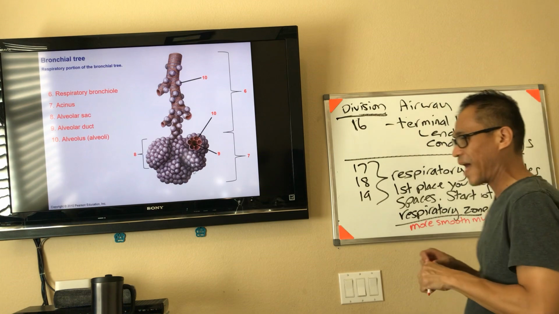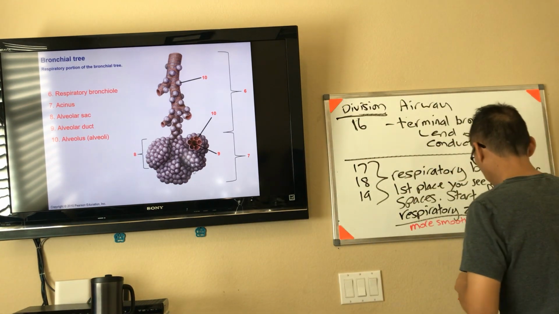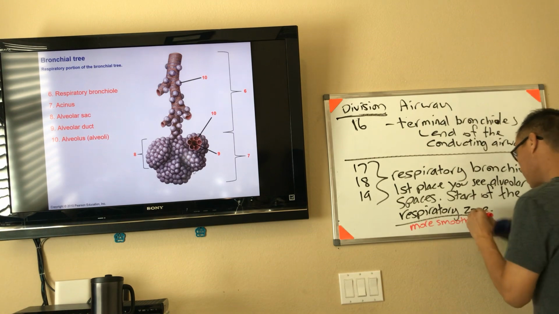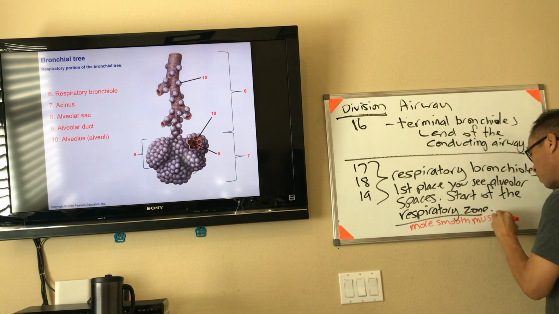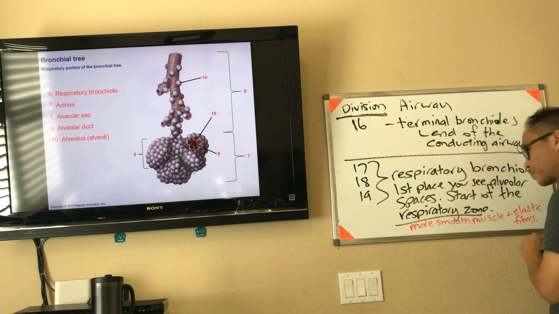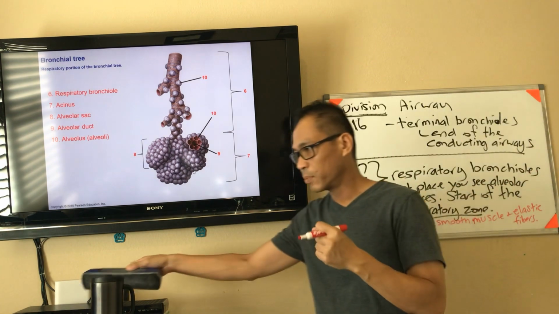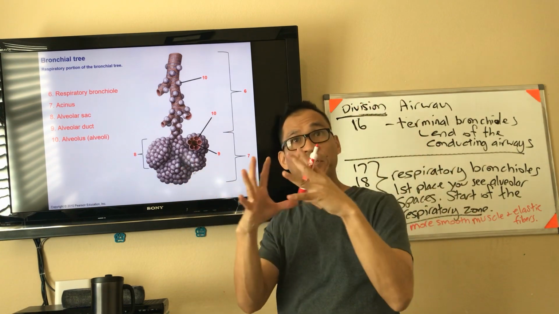And more elastic tissue, because your lungs are like an inflatable balloon. Elastic fibers. It's like when you blow air into a balloon and you just let the air out, it collapses to push the air out.